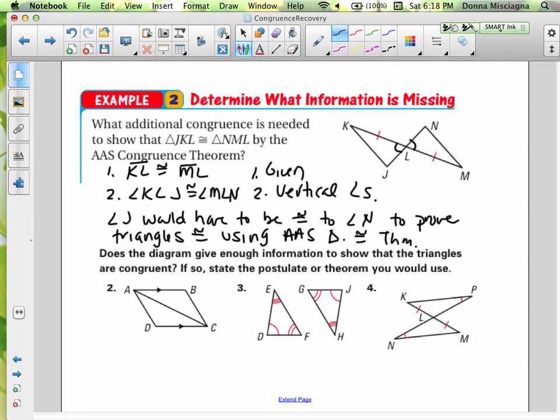Now in the last three problems here, we're deciding if there's enough information to show the triangles are congruent, and if so, the postulate you would use. First of all, I'm going to try this as a little proof, so I can write small. AB is parallel to CD, and that's given.